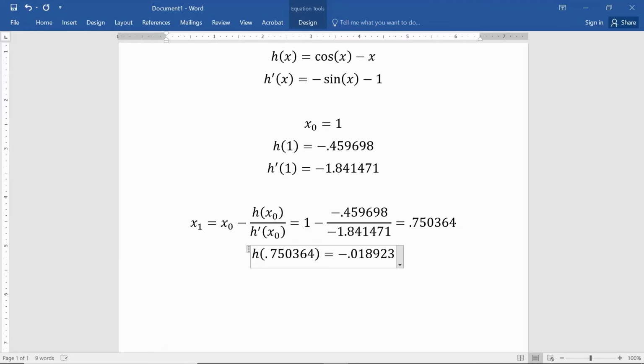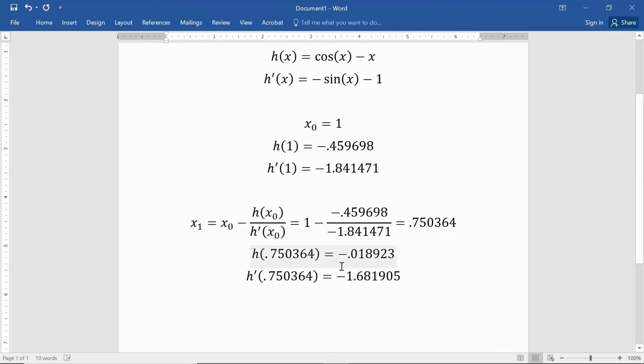Rounded to 6 decimal places, that's what we get. If I plug in that same value into the derivative, I end up with a negative 1.681905. So obviously, x1 is not a 0, but we are closer to the x-axis there.